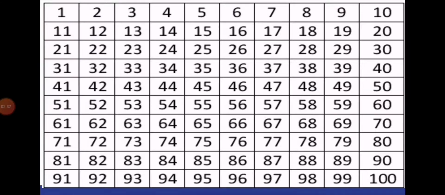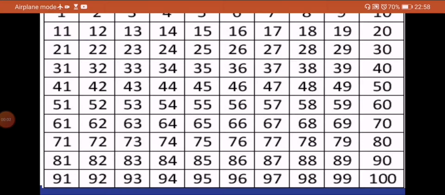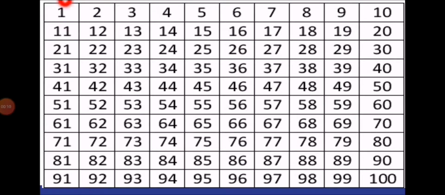Now I will tell you about the 100 square grid. Look at this 100 square grid. In this grid we have numbers from 1 till 100 in an organized way. Let's take a closer look at the numbers on a 100 square grid.